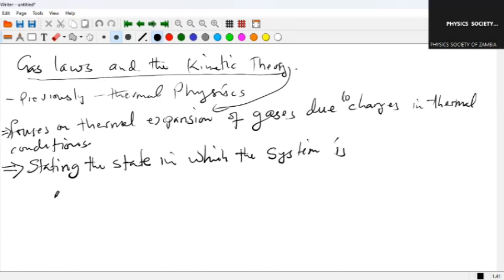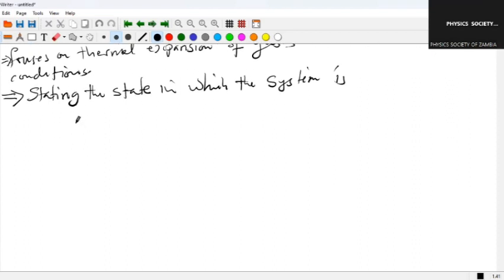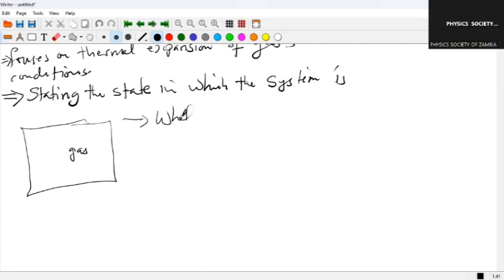Let me give a practical scenario where suppose my system is a container containing a gas. The question is, what is the state of this system? This is the question we want to ask.